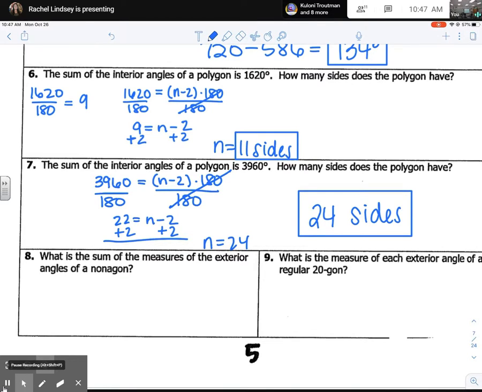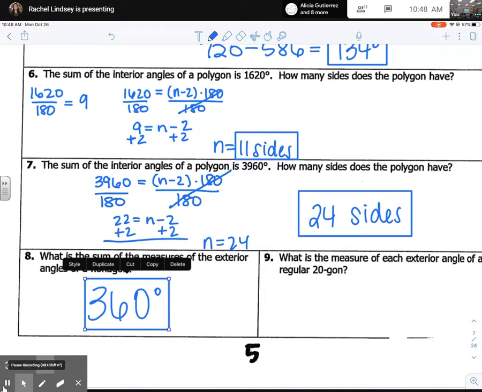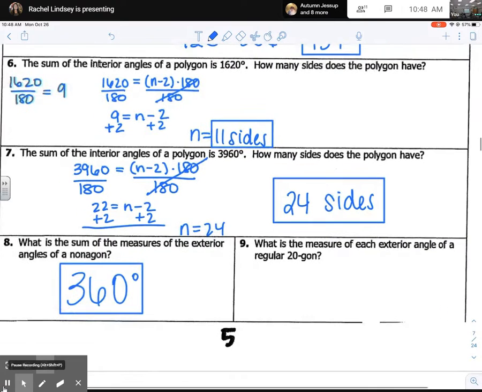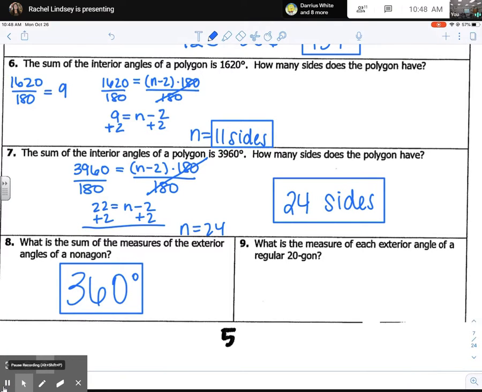Then on number 8, what's the sum of the measures of the exterior angles of a nonagon? What's the sum of exterior angles on any polygon? 360. Then it wants the measure of each exterior angle on a regular 20-gon. What's 360 divided by 20?